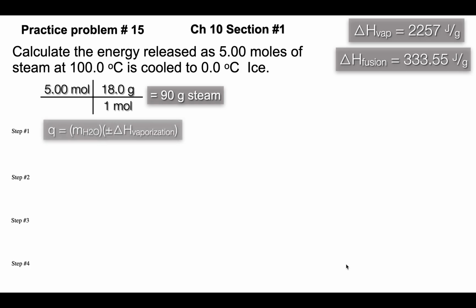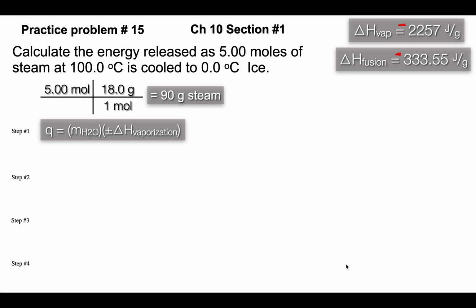Then we go ahead and take m delta H, and we're going to convert that steam into water. Now, again, we're going steam into water, which means it's getting colder. So we're going to use a negative delta H. And while we're at it, we're going to have a negative fusion also. I didn't have my plus or minus sign.